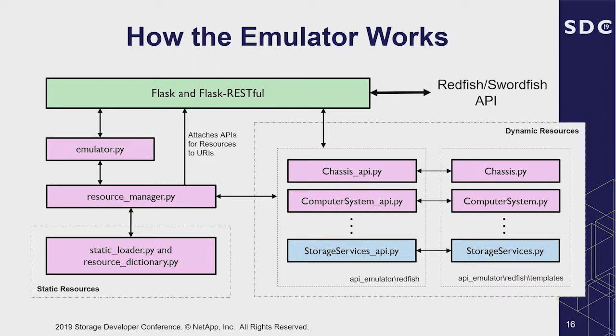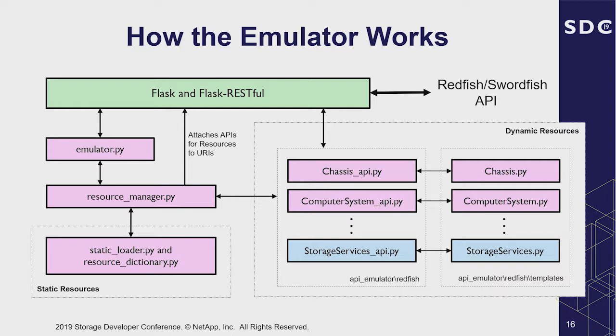So anytime Flask RESTful gets a request, say a GET, for something that is static, then it actually talks directly to the Resource Manager about that. And the Resource Manager goes and visits this dictionary and hands back a copy. It's read-only, right?